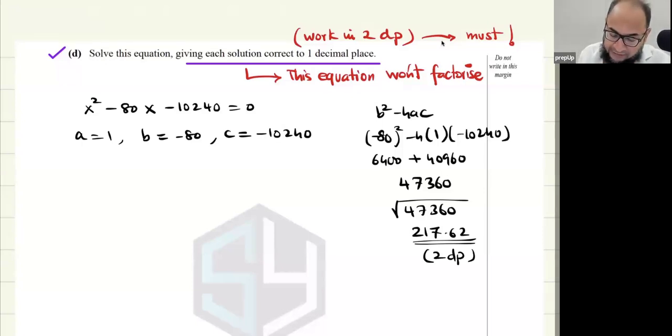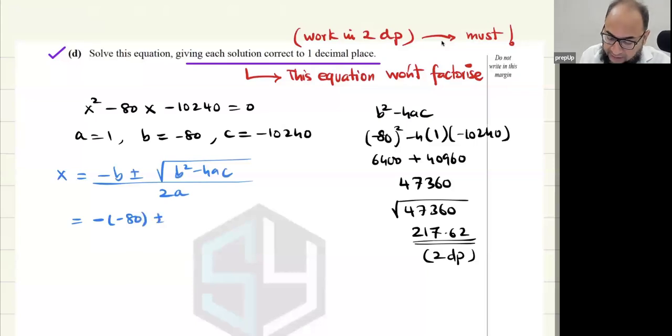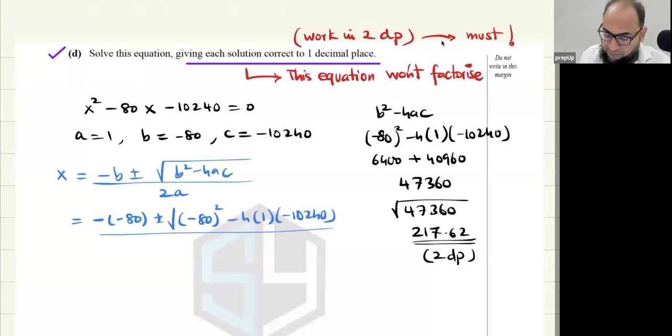So now let me work it out. Therefore I'll write x is equals to negative b plus minus square root of b square minus 4ac, divided by 2 times a. x is equals to minus negative 80 plus minus square root of negative 80 whole square minus 4 into 1 into negative 10240, divided by 2 times 1.